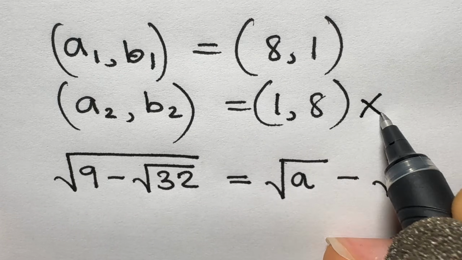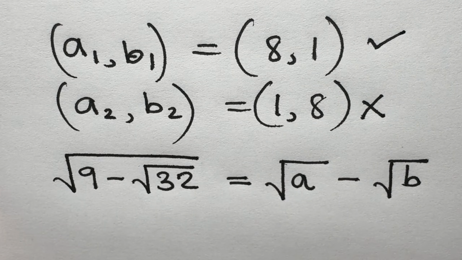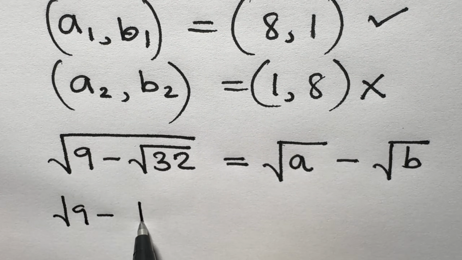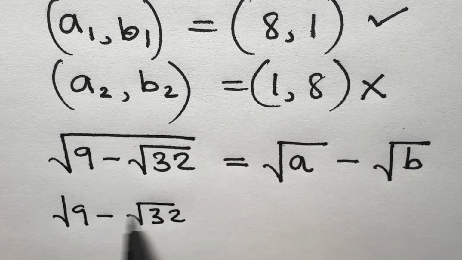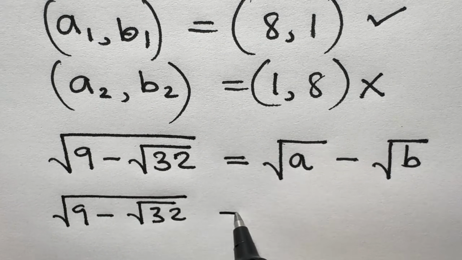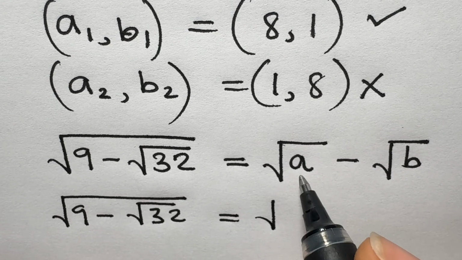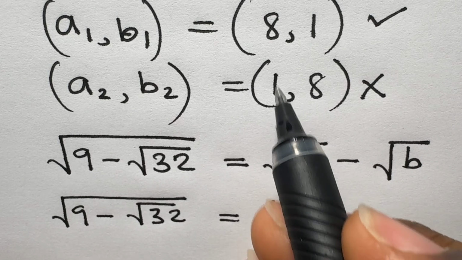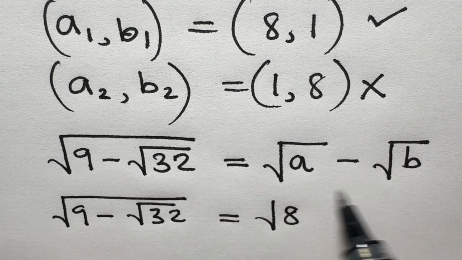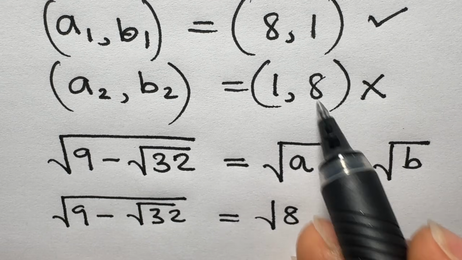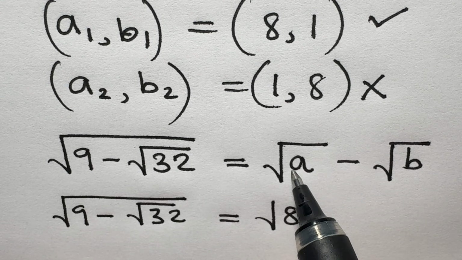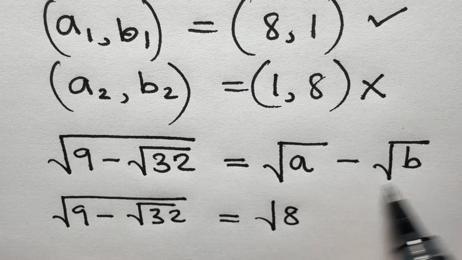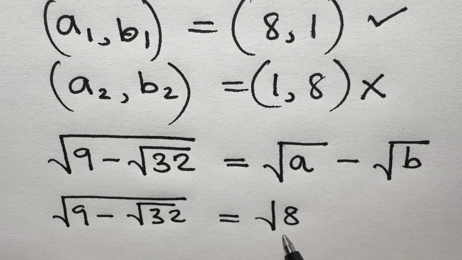So we reject this and then accept this. This would then imply that the square root of 9 minus square root of 32 is equal to square root of a is 8. Of course, the reason we rejected this is because a is 1, and if a is 1, it means this expression is going to be negative, since b will now be greater than a, or the square root of each of them after solving them will now be negative, and we don't want that.